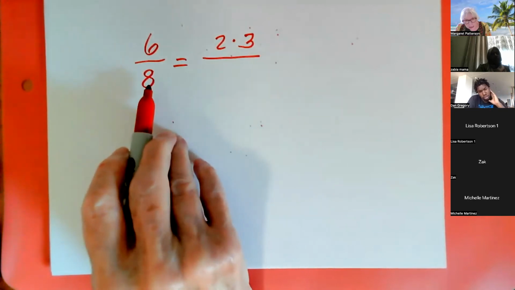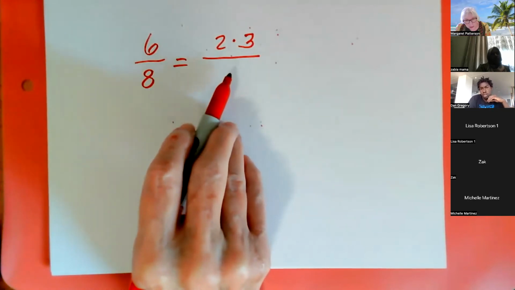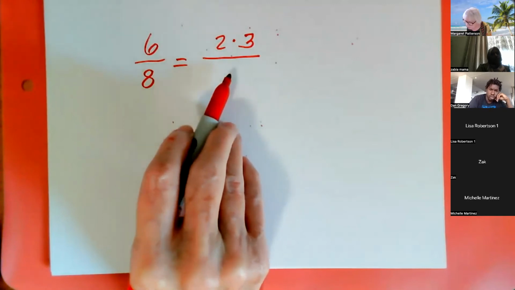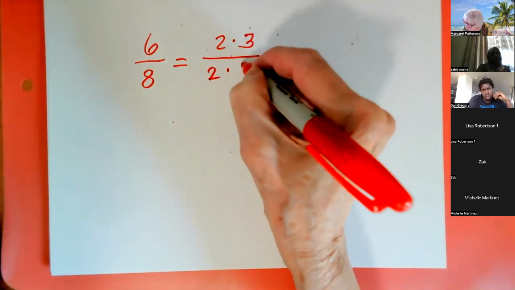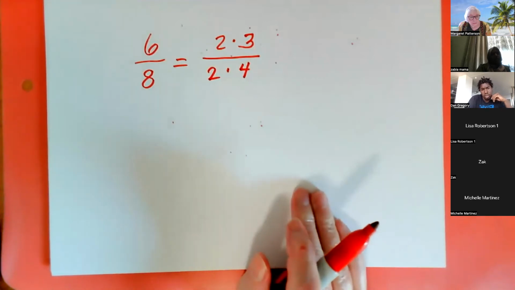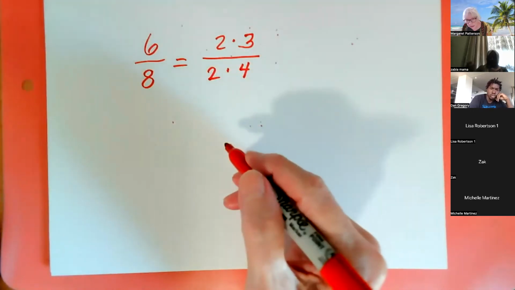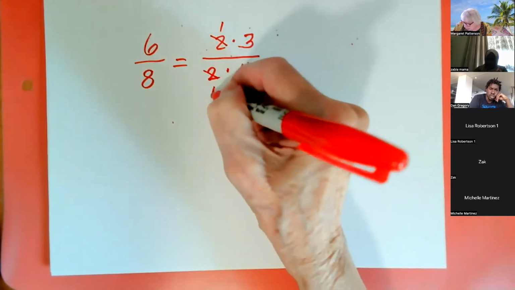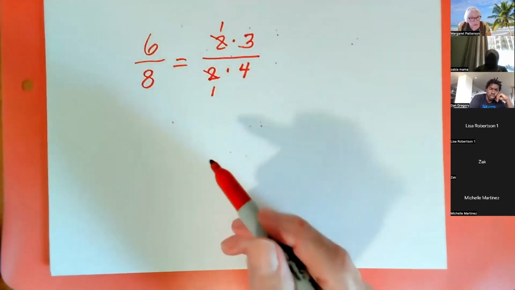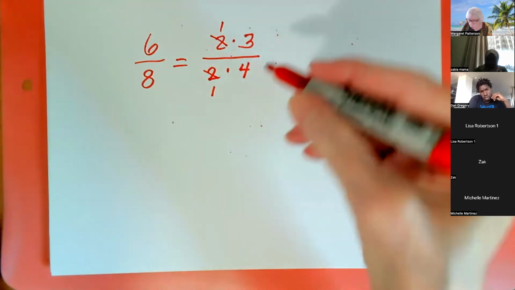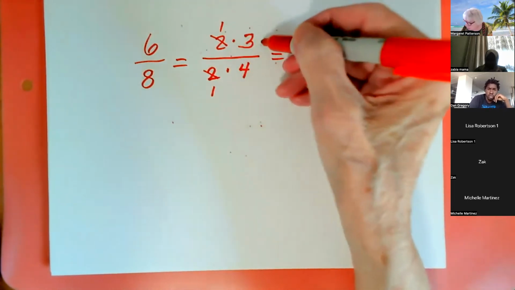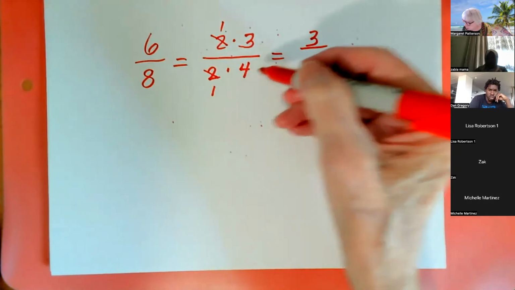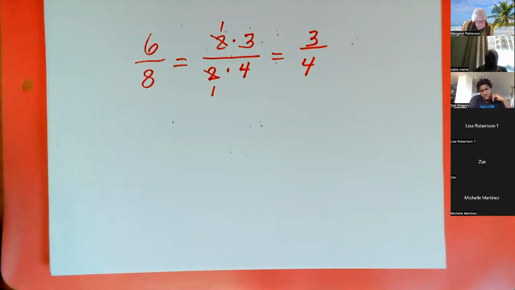And then 8, can somebody think of some way to get 8? 2 times 4. Is this working? Yes. And so once you get it like this, it will be handy. The 2 divided by 2 cancel down to 1. We're left with 1 times 3 is 3. 1 times 4 is 4. Okay.